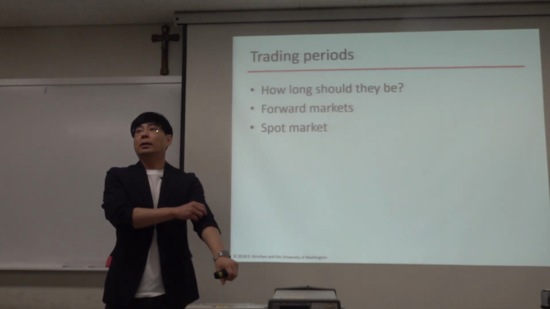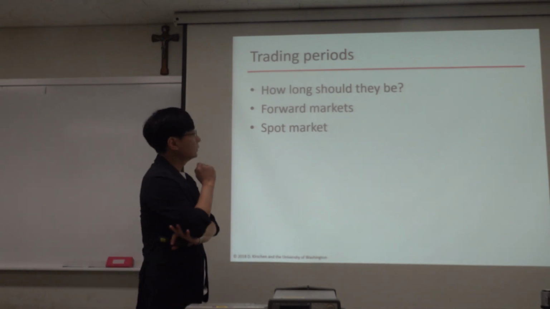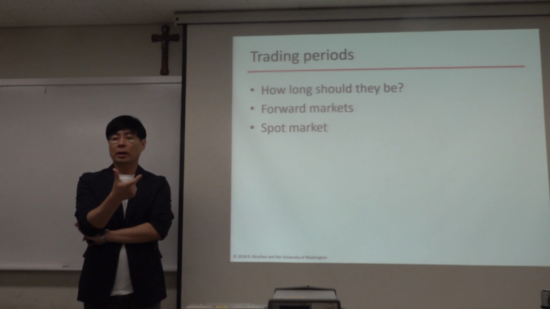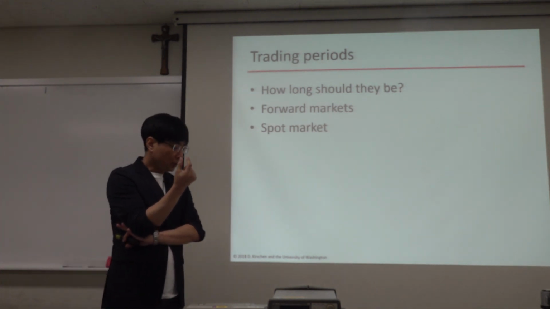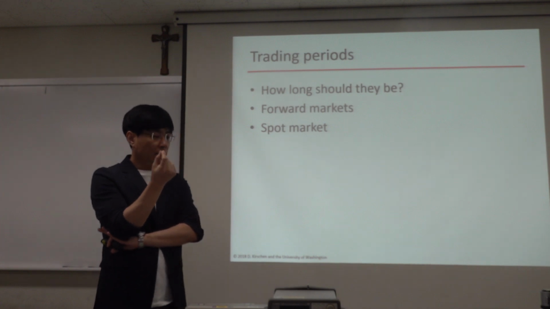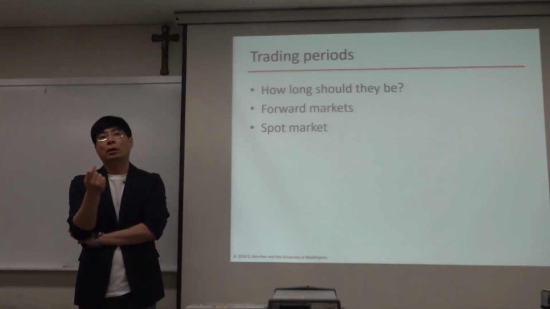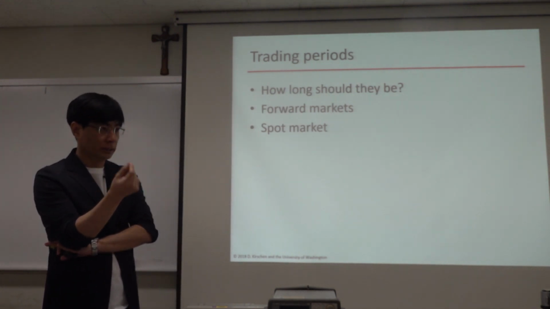Today, let's talk about the trading period. How long should it be? The transaction can happen for 1 hour or 1 day. It can also be made in real time in the spot market, or in advance, like day ahead, months ahead or season ahead.